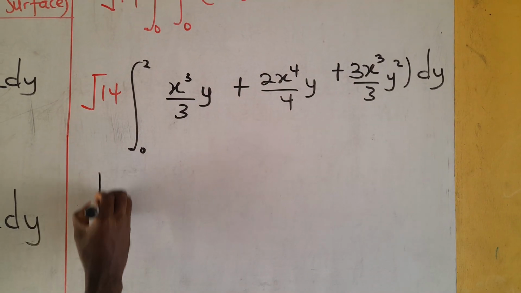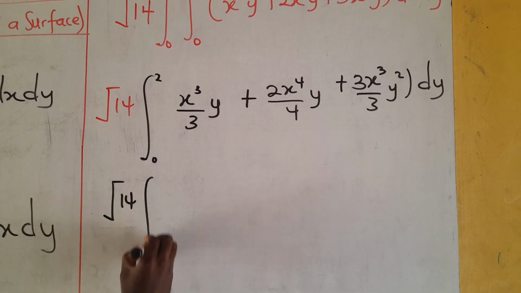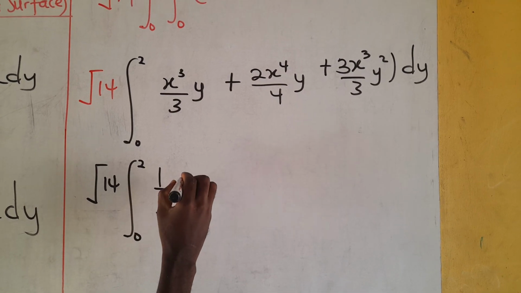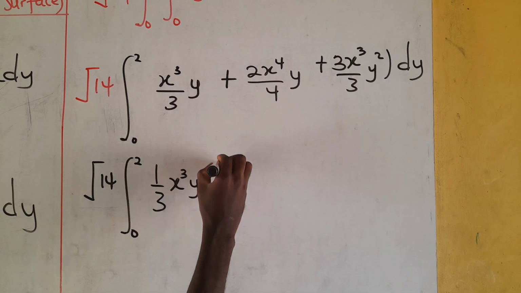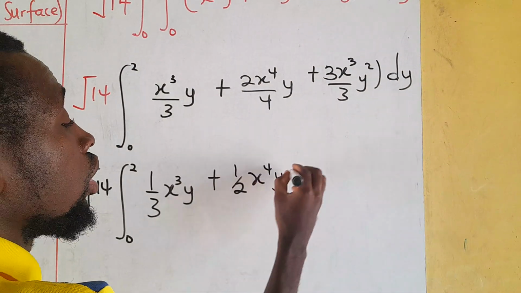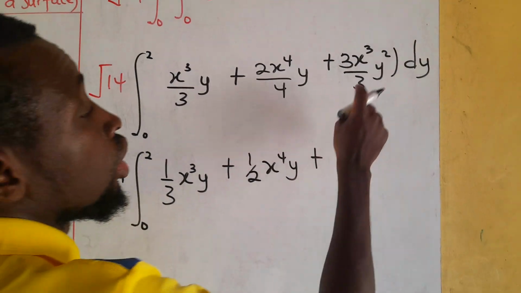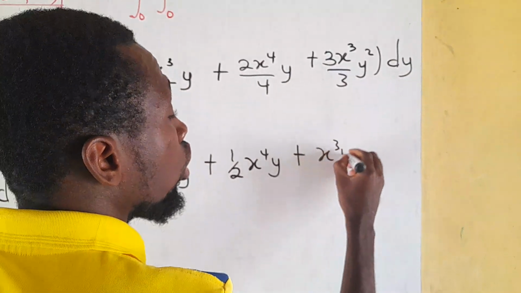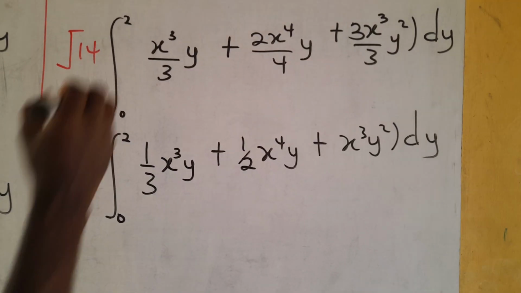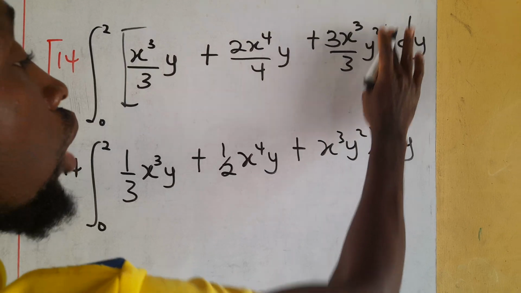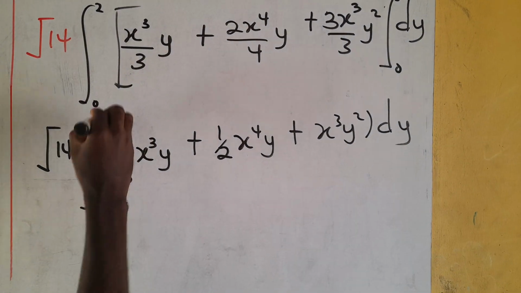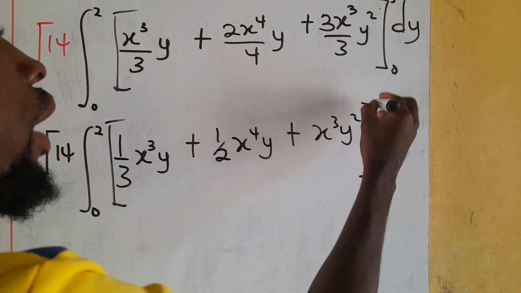So on polish further, we can say this is the square root of 14, integral spanning from 0 to 2. Then this will give me 1/3 x cubed y plus 2 over 4 is half x to the 4 y, then plus this will give me x cubed y squared dy. So we said this, remember we have to bring the limiting point 0 to 3 for the x.